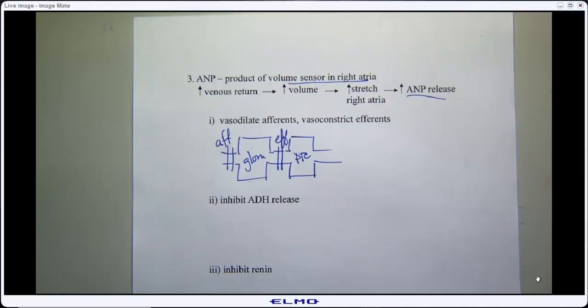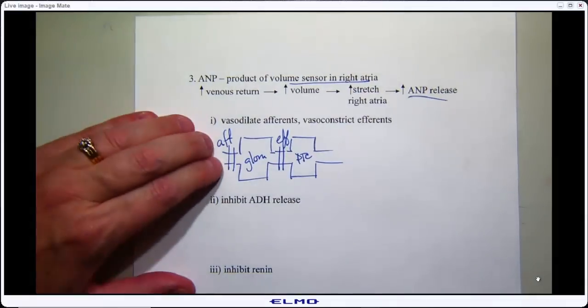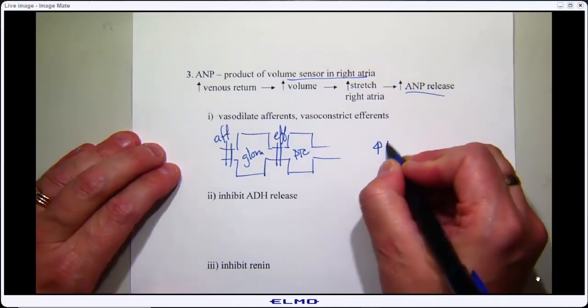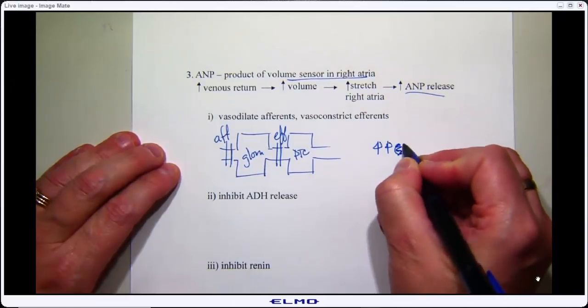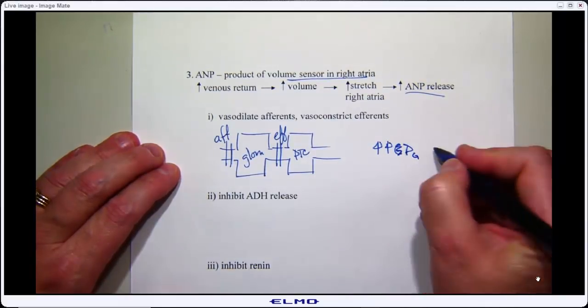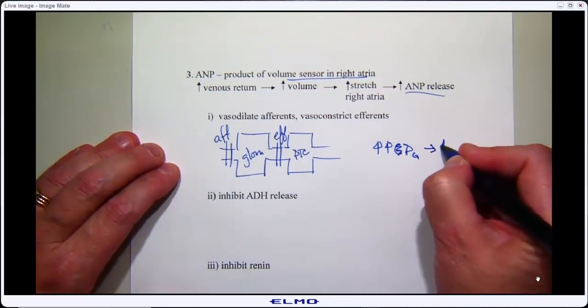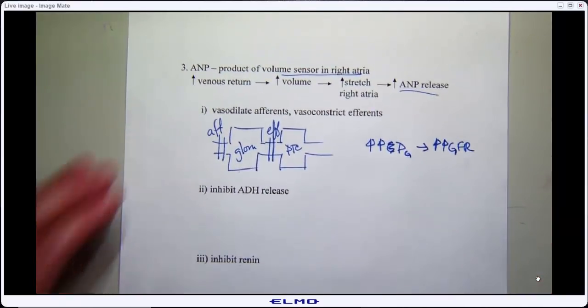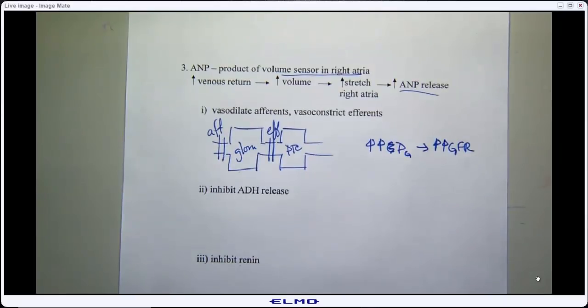Vasoconstrictor of efferents, less out. Okay? So by vasodilating afferents and vasoconstricting efferents, it's going to result in a large increase in pressure in the glomerulus, which is going to result in a large increase in GFR.